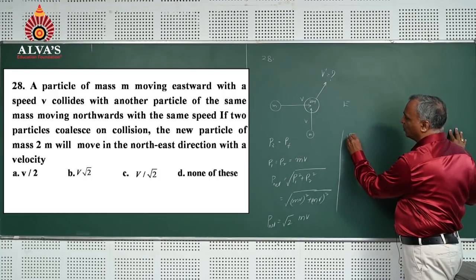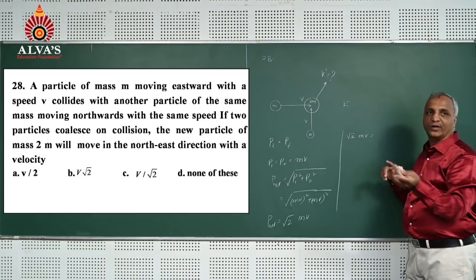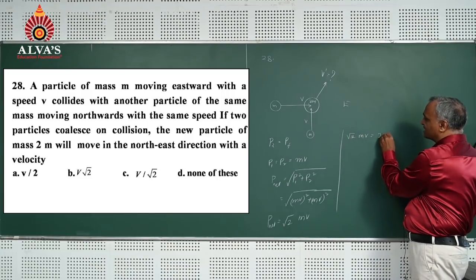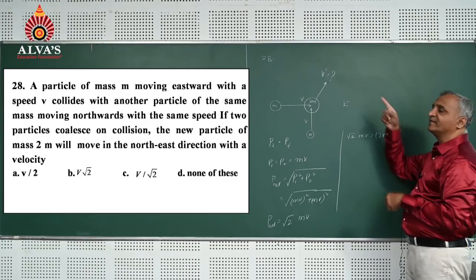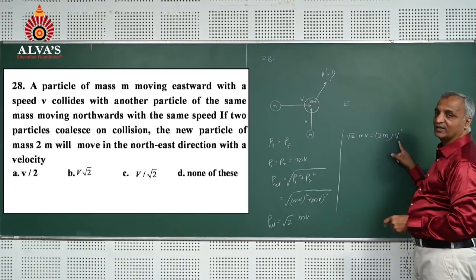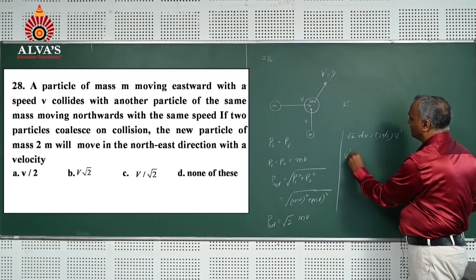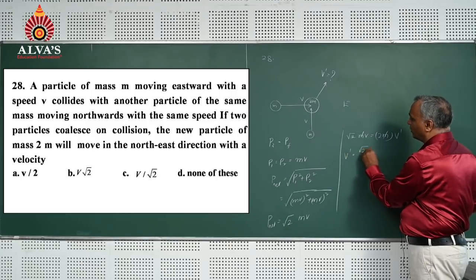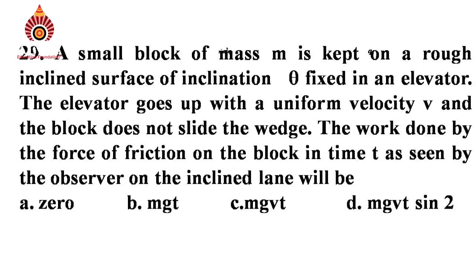So root 2 into mv. After collision, they will coalesce, means mass is m plus m, 2m, and they will move with a common velocity v dash. I want to find out what v dash is. So this m and m cancel. V dash will be equal to root 2 into v divided by 2. So v dash will be equal to v divided by root 2. So I'll go for the option C.